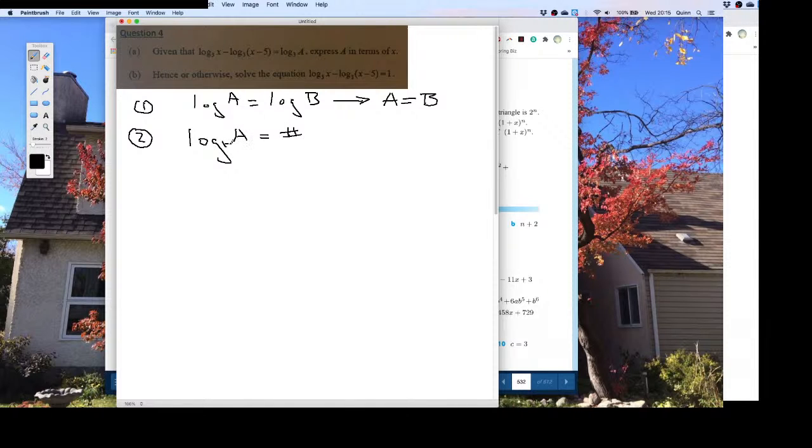Now there's a base here, b. On your formula sheet, it shows you how to solve for A in this case. So what you do is you put the base to the power of the other side, whatever this number is, and that's equal to A. And usually A has something with x's in it, so you're solving for A. So those are the two methods that we solve for logs.